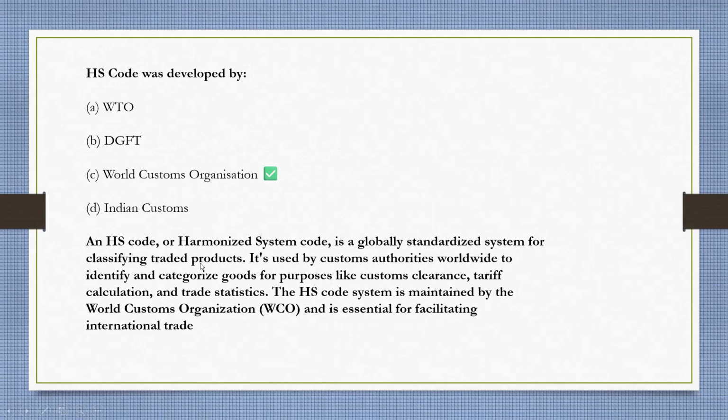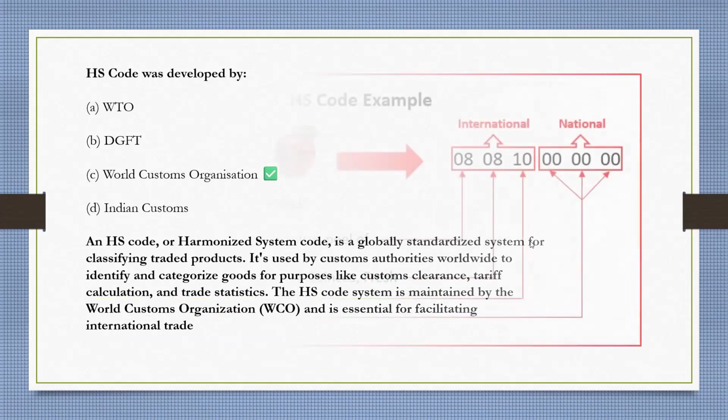So it's a type of code that is given to various products. It is used by customs authorities worldwide to identify and categorize goods for purposes like customs clearance, tariff calculation, trade statistics. The HS code system is maintained by World Customs Organization and is essential for facilitating international trade.